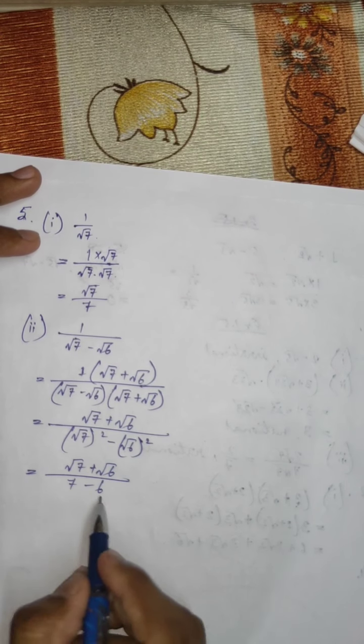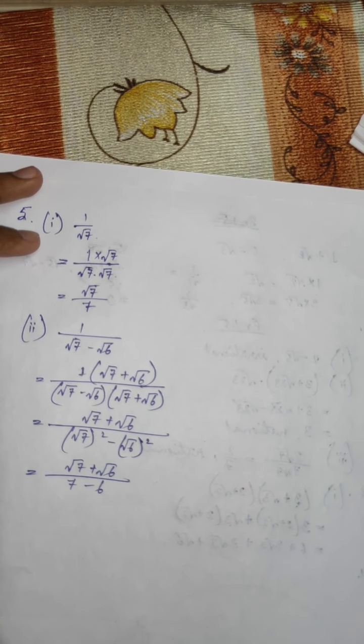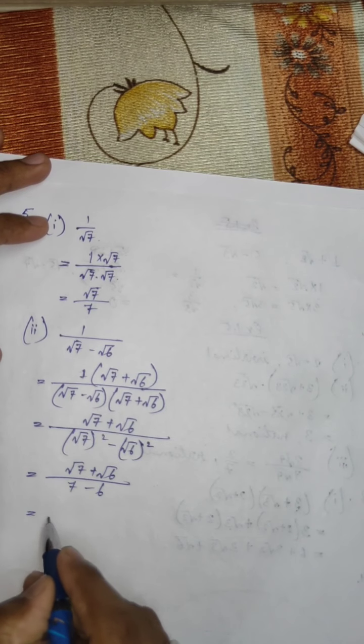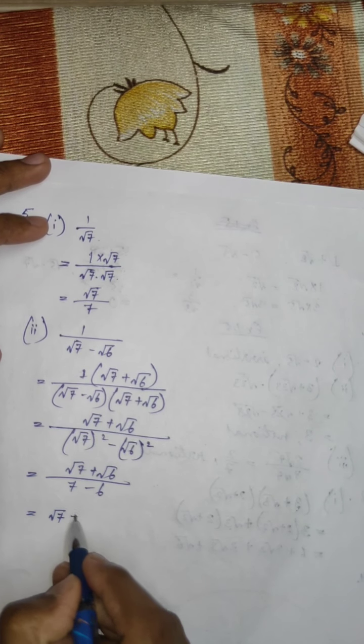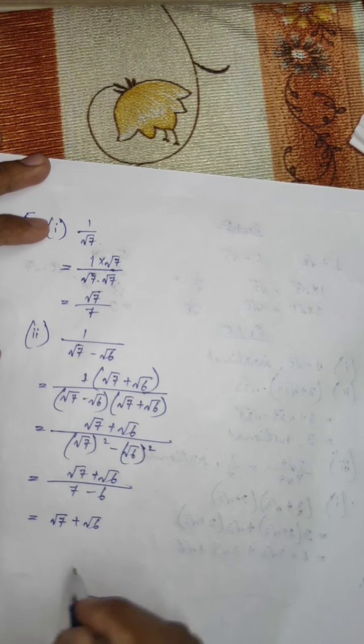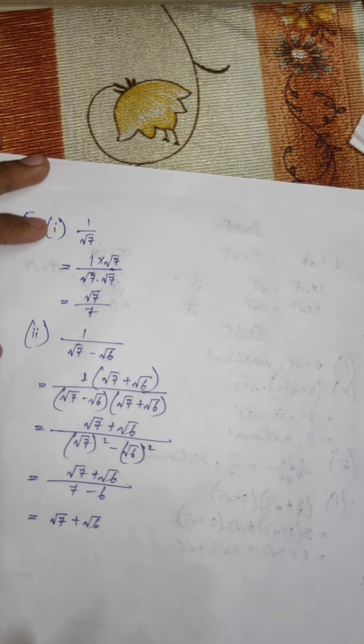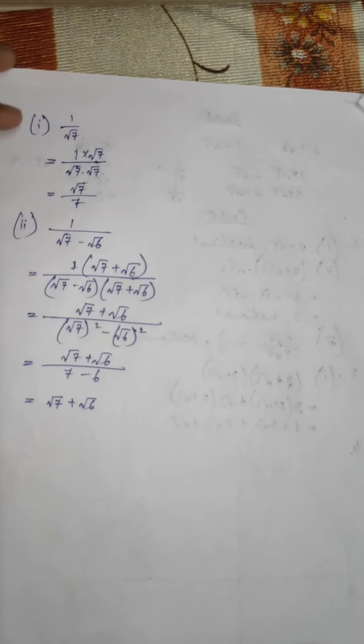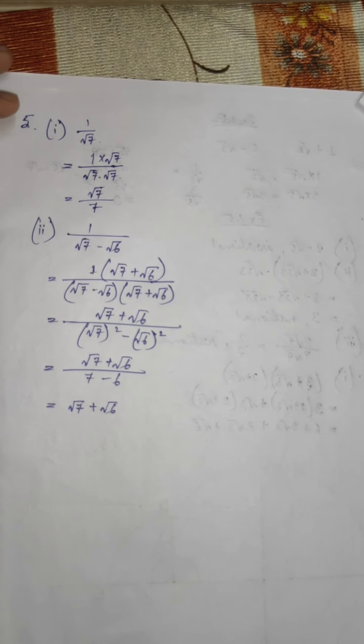Now see, 7 minus 6 is equal to 1. So 1 is a rational number. Now see, the denominator has been rationalized. So no need to write 1, we can write in the answer root 7 plus root 6, as 1 is already in the denominator. So this way we can rationalize the denominator. So you can do the rest, I hope.